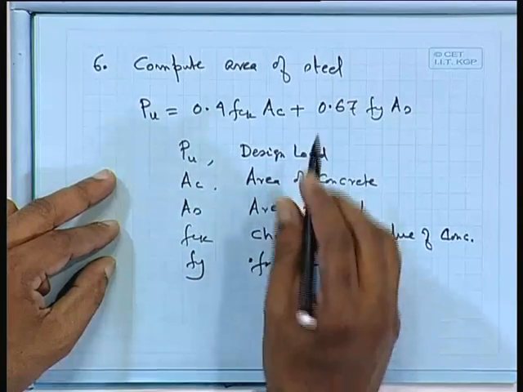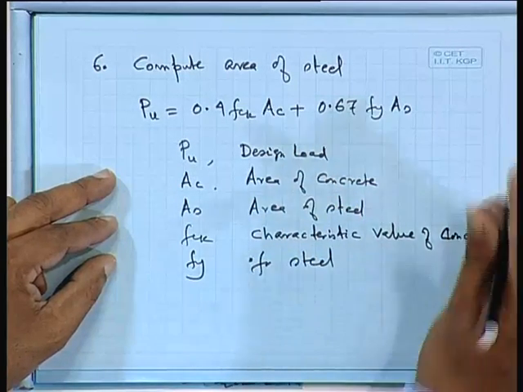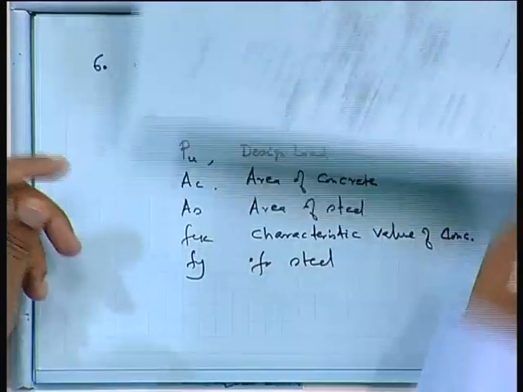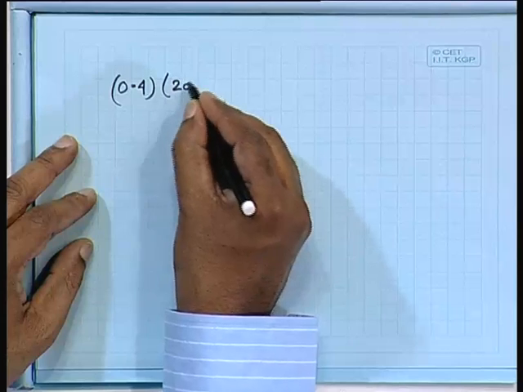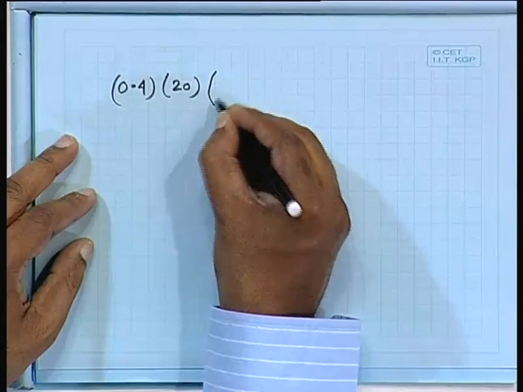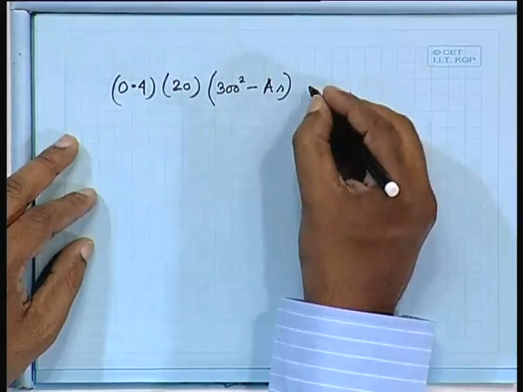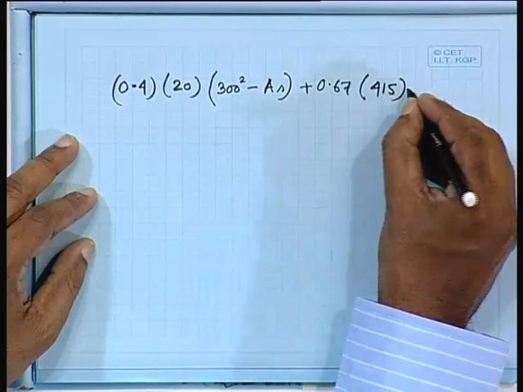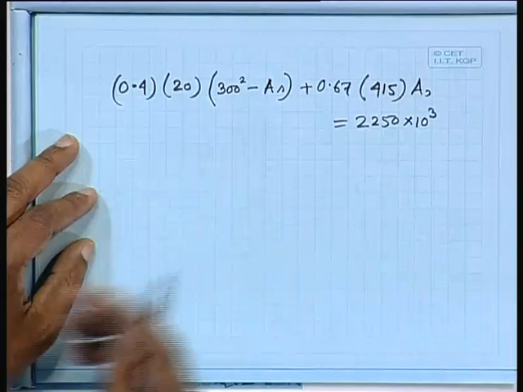Now we can find out Ac. We can write 0.4 fck, which is 20, then Ac will be equal to 300 square minus As, because we are taking only the concrete part, plus 0.67 times 415 times As, should be equal to 2250 into 10 to the 3, let us make everything in Newton.